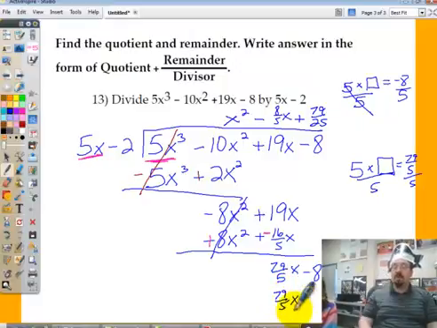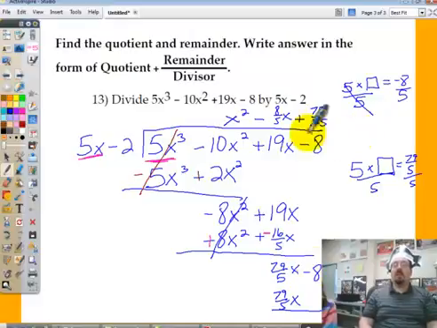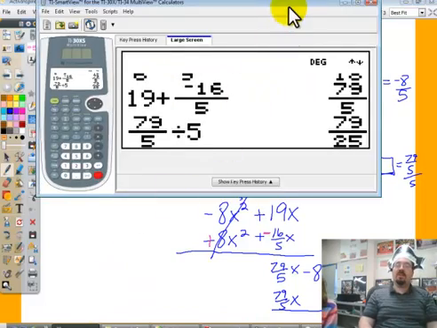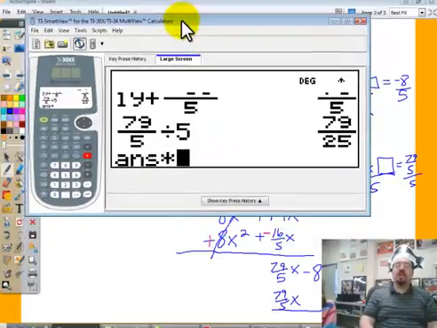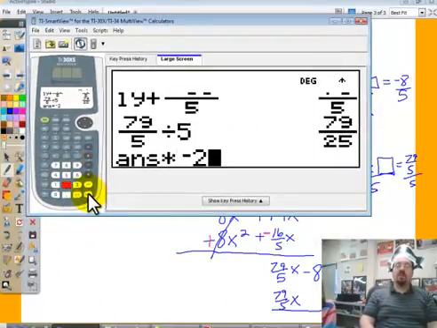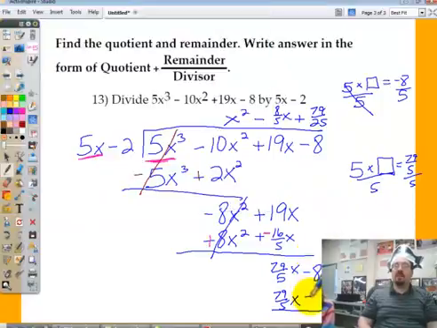It should be right, I hope. And then 79 25ths times negative 2. So I multiply that by negative 2, and I get negative 158 over 25.